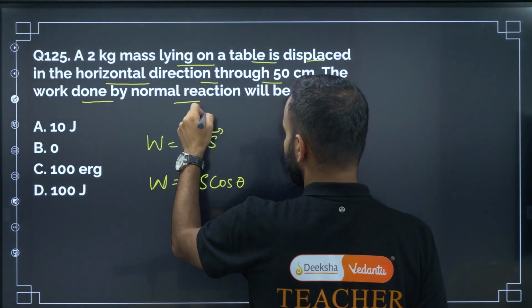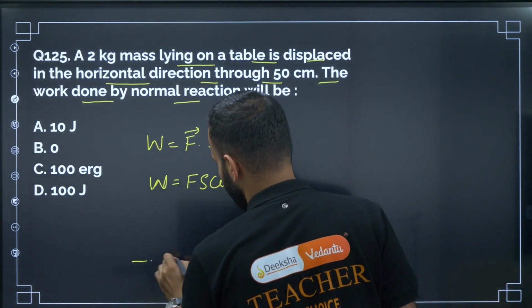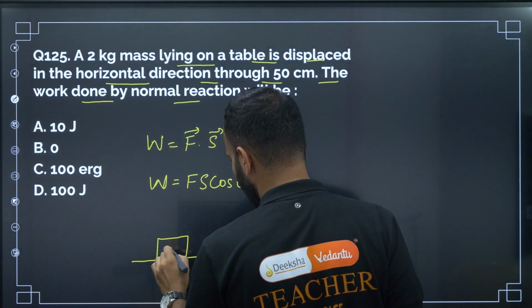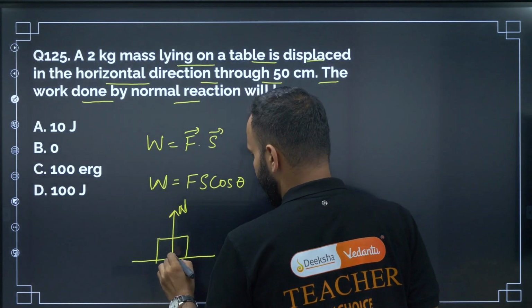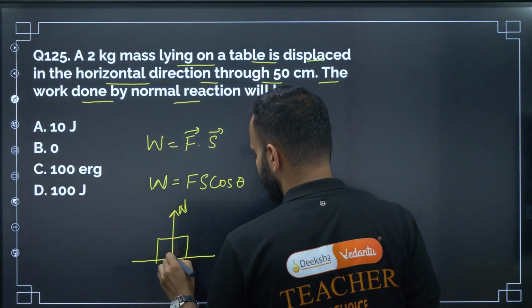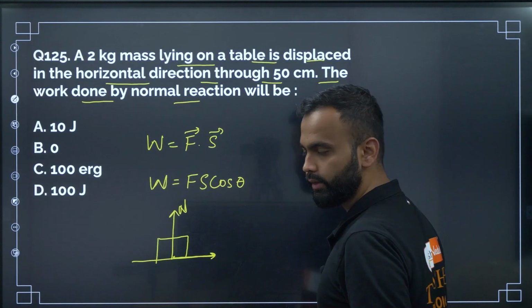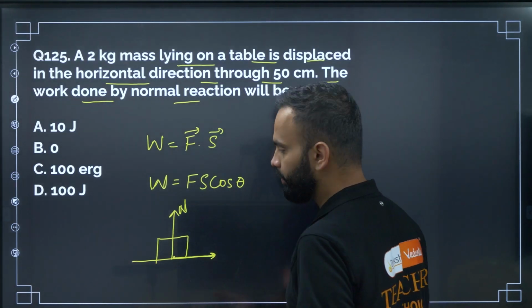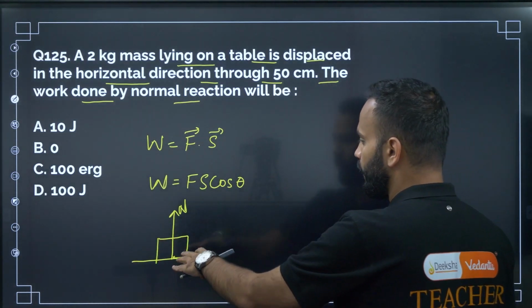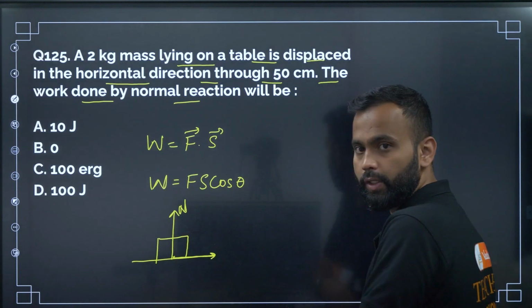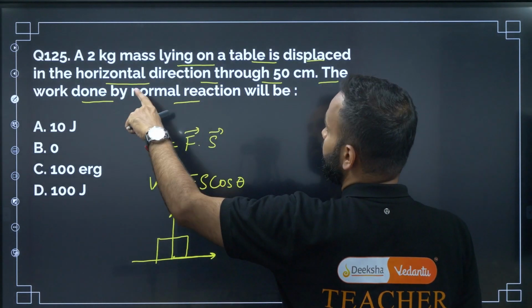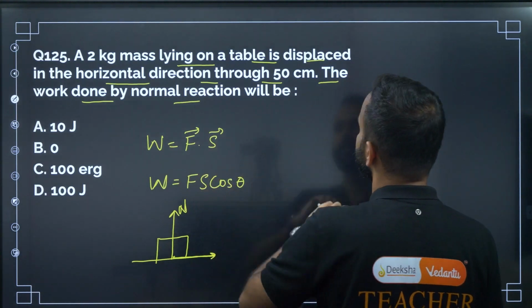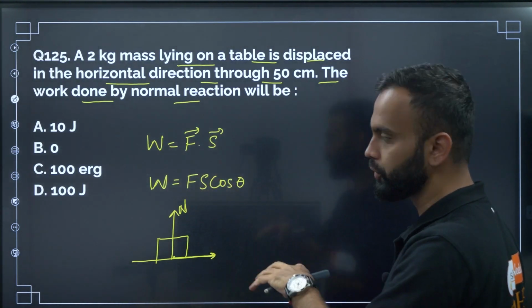In this case, the force is the normal reaction. This is the block, and this is the normal reaction. The block is displaced, or moved, towards the right, through 50 centimeter in the horizontal direction.